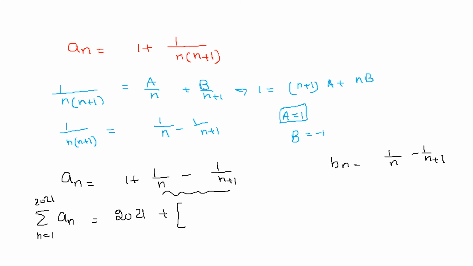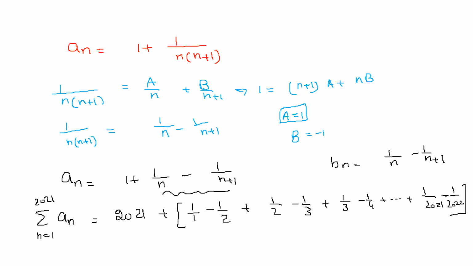If you look, plugging in 1 we get 1 over 1 minus 1 by 2, then the second term is 1 by 2 minus 1 by 3, the third term is 1 by 3 minus 1 by 4, and so on. The last term is 1 over 2021 minus 1 over 2022.